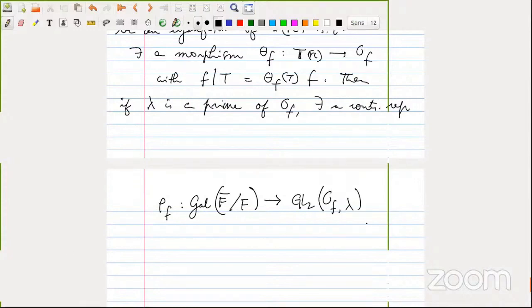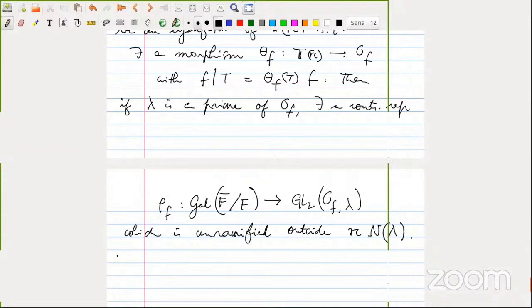And it is going to have similar properties as we have seen in the case of elliptic modular forms, like being unramified outside n times the norm of lambda.